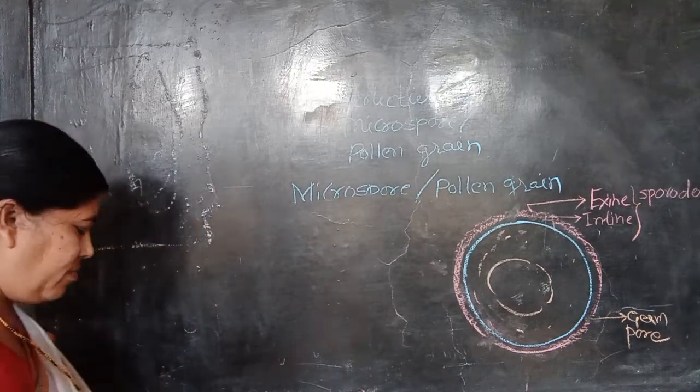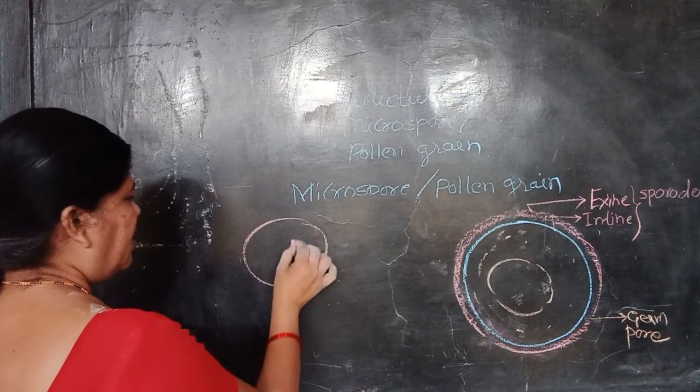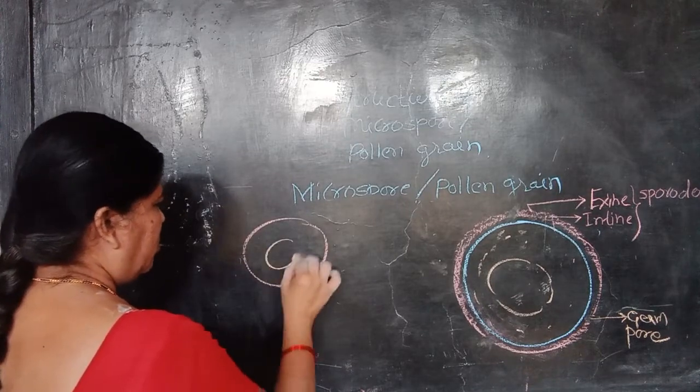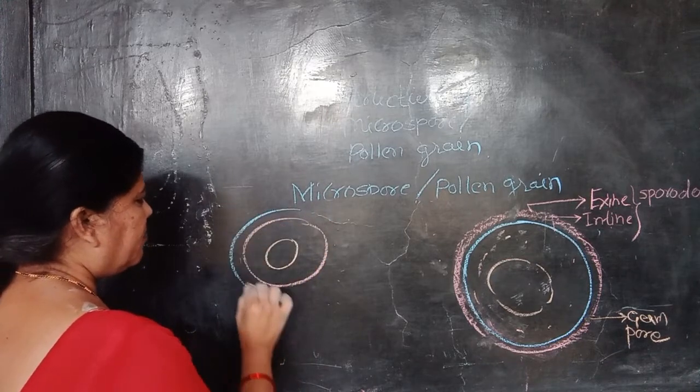Germination of pollen grain. So when this pollen grain becomes mature, this is the nucleus of pollen grain, intine, and this is exine of pollen grain.